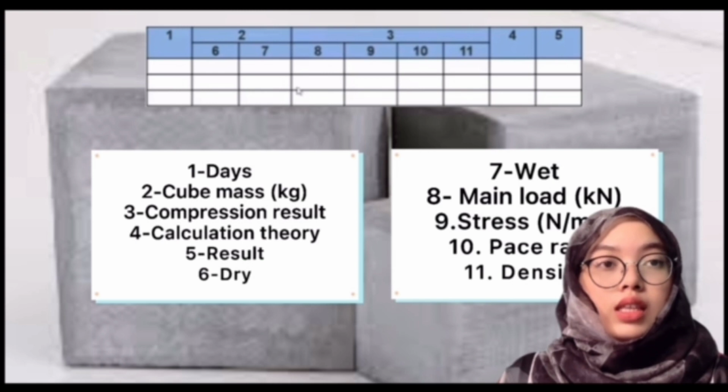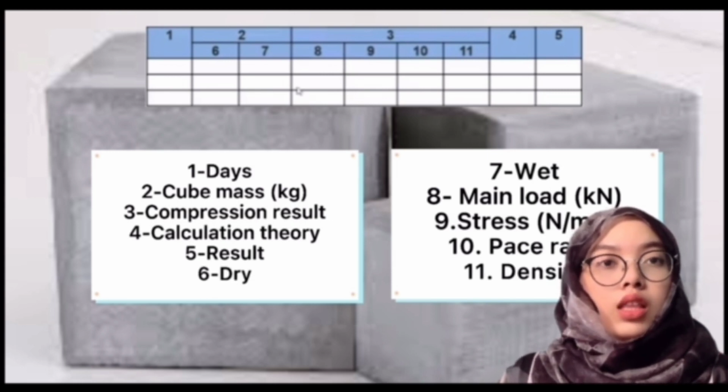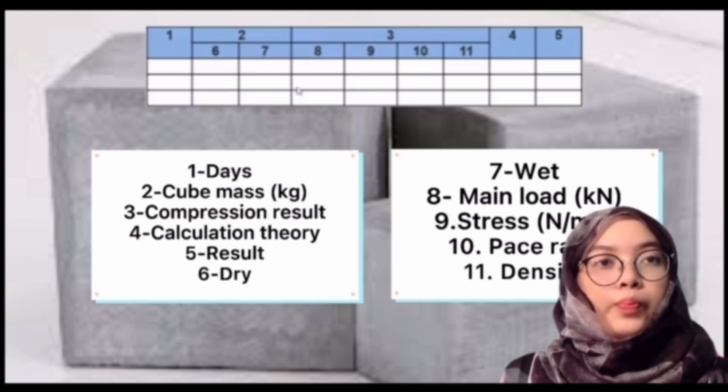Number 1 is days, number 2 is cube mass in kilograms, number 3 is compression result, number 4 is calculation theory, number 5 is result, number 6 is dry, number 7 is wet, number 8 is main load in kilonewtons, number 9 is stress in newtons per meter square, number 10 is base rate, and number 11 is density.